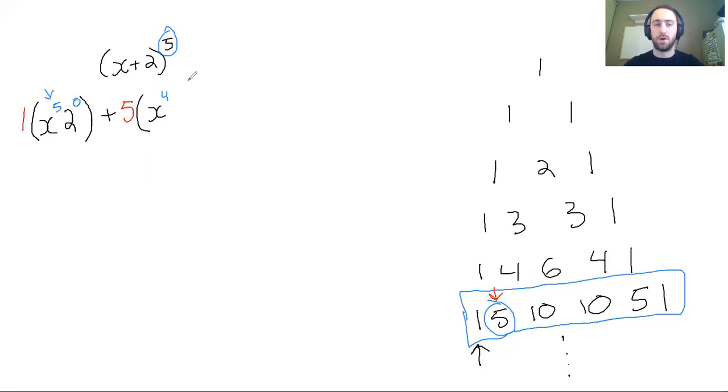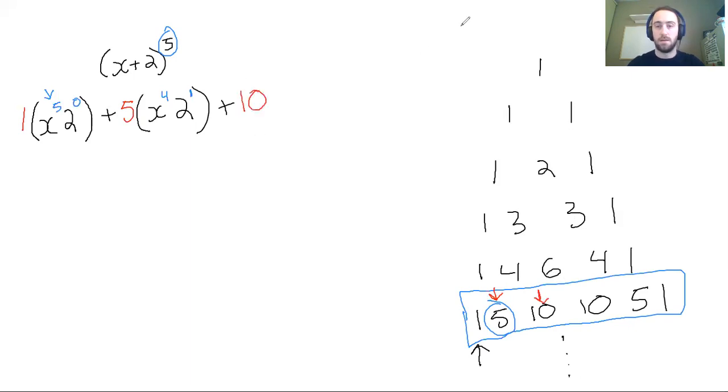So if we're subtracting 1 from there, what is our exponent going to be on our value 2? Well, again, the 4 has to add up to the 5. So it's going to be a 1, right?